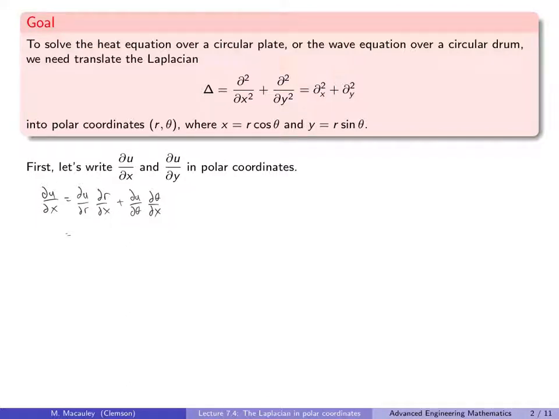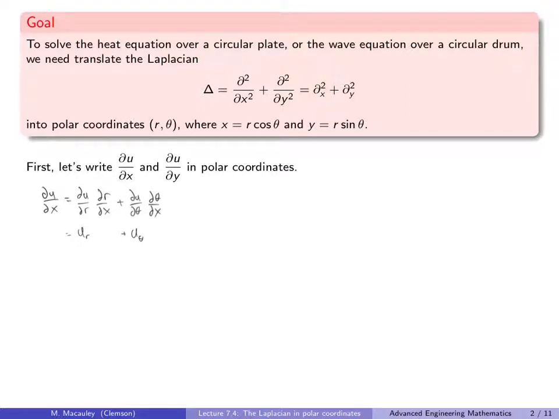So this is equal to u_r times dr dx, which we're going to figure out, plus u_theta times d theta dx. We also want to write down what that is.